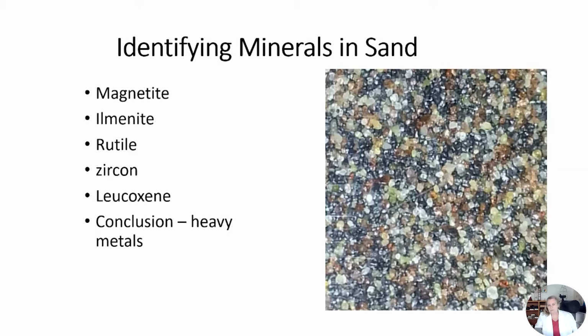Okay, your zircon is going to be your white, the magnetite is going to be dark, but all of these are heavy metals. So you have to be careful, it's not just people that are polluting. Sometimes in nature also, there are elements that are dangerous. So we just have to be aware of those as well. So again, it's just looking at key characteristics.